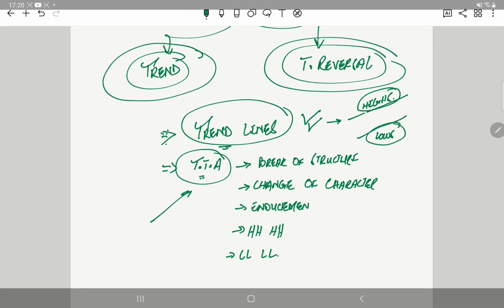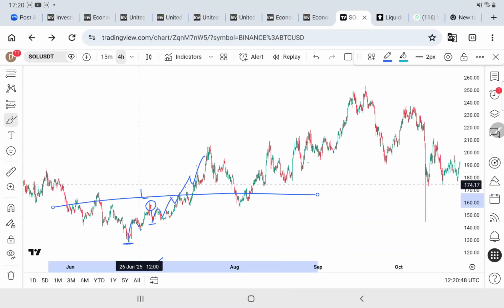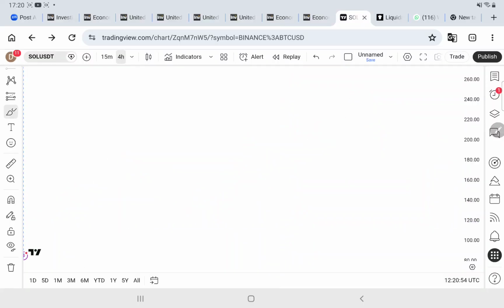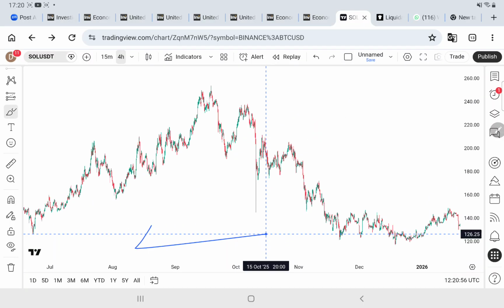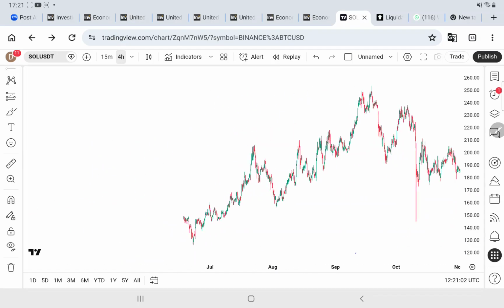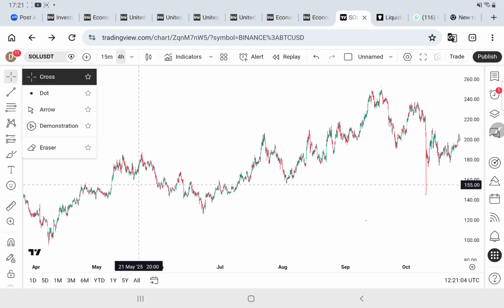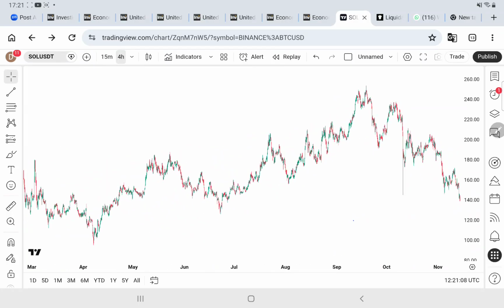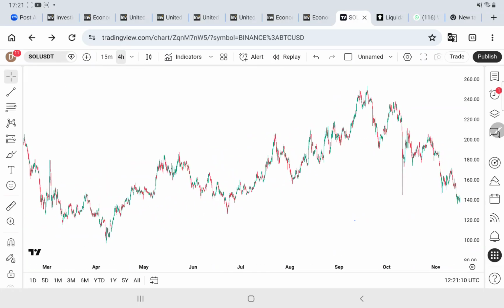So let's just do that over here on Solana. I don't know why it reloads all this every single time. TradingView sometimes annoys me, but it's fine. Okay. All right.